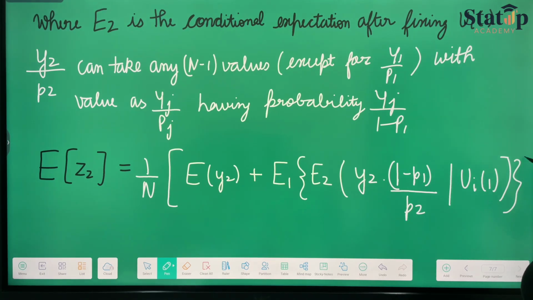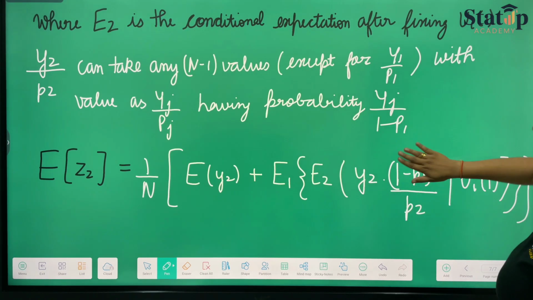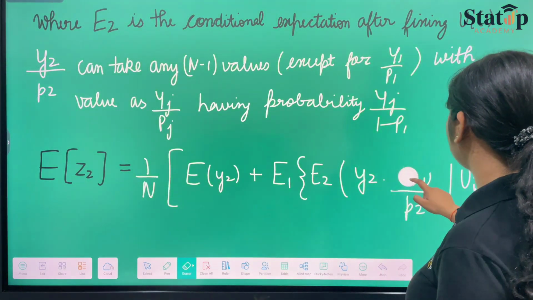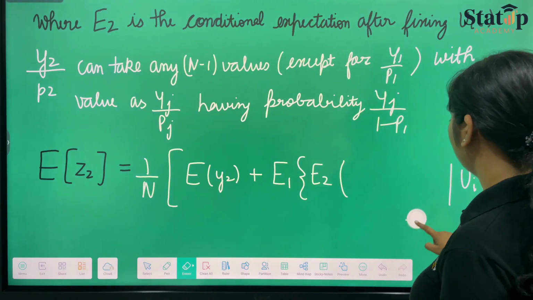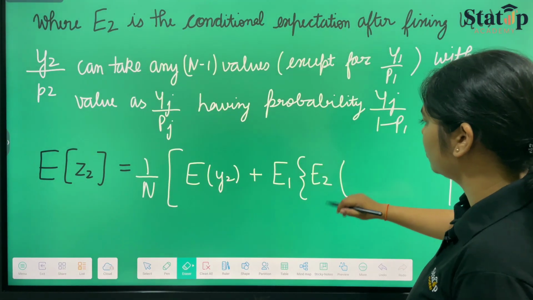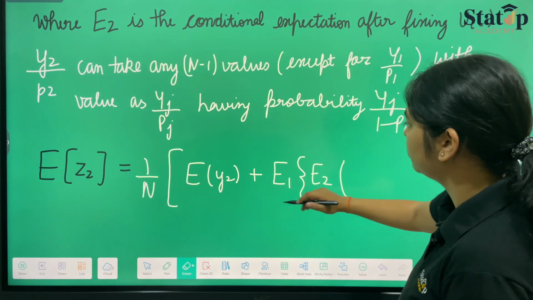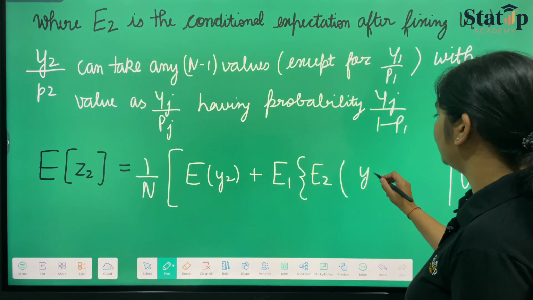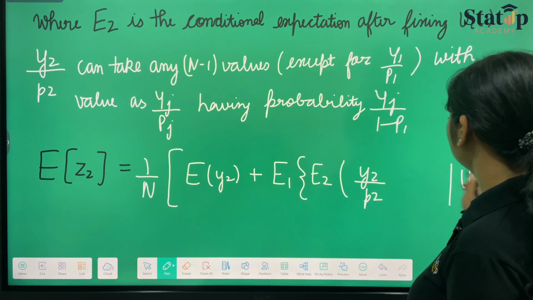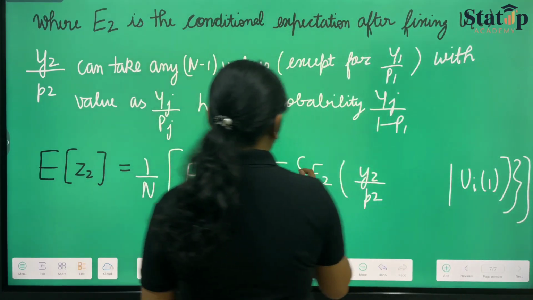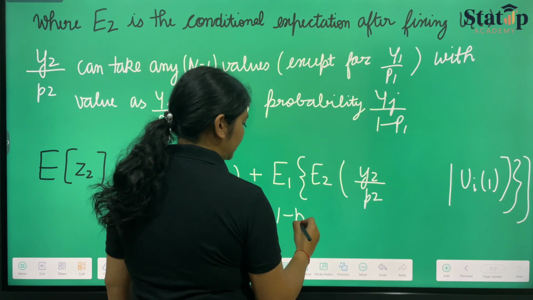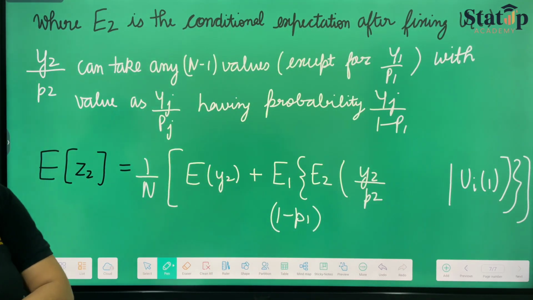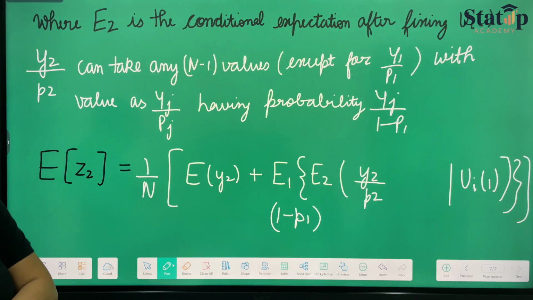So we can take 1 minus p1 out from here, and here we are left with y2 upon p2 given the first draw has already taken place.